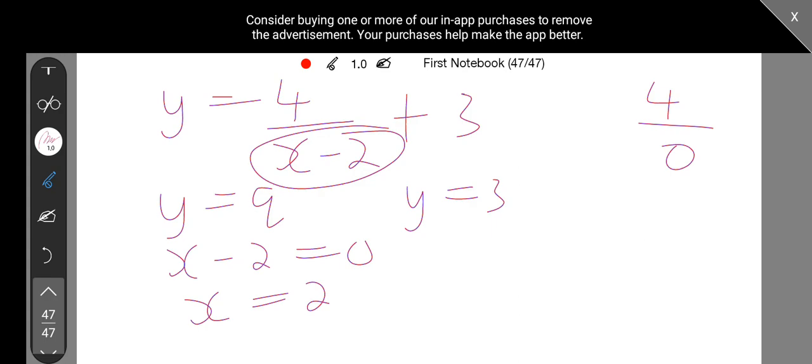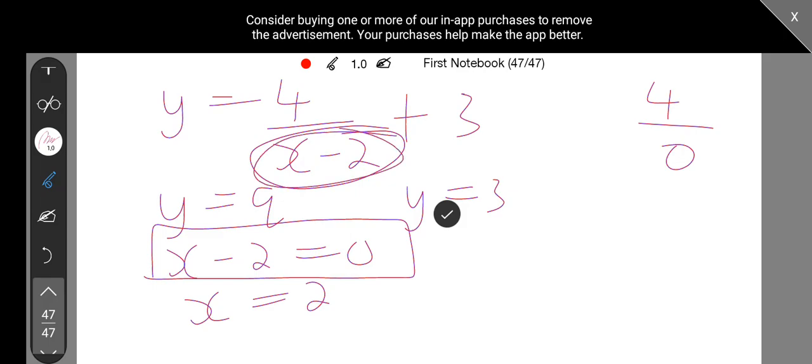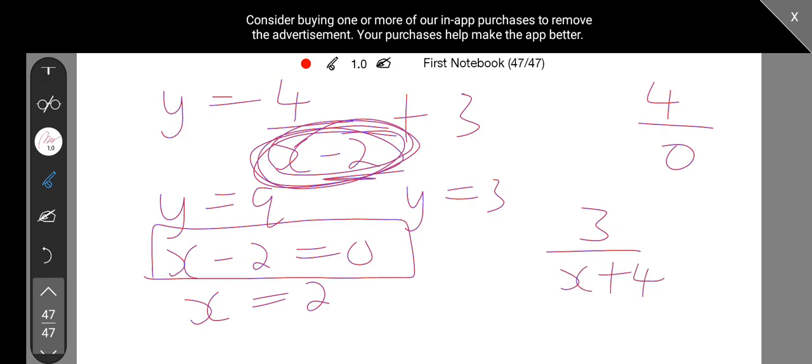So to get the vertical asymptote, we must have x minus 2 is equal to 0. The number here, if we see minus 2, know that the asymptote is actually x equal to positive 2. If you see below you have 3 over x plus 4, the vertical asymptote is actually x is equal to minus 4 and not positive 4.